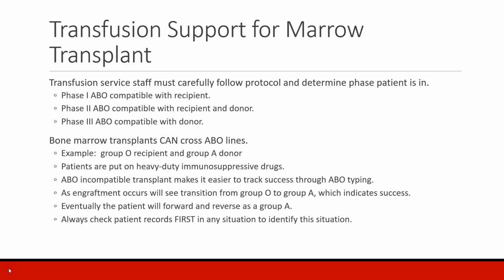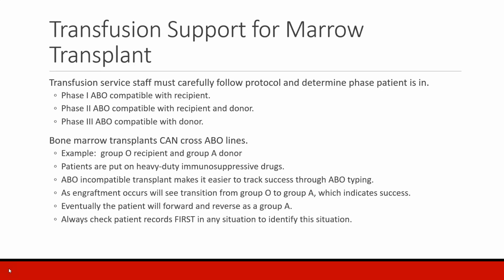Phase 2, ABO compatible with the recipient and the donor, which usually means giving group O blood. And then phase 3 is ABO compatible with the donor, because theoretically most of the patient's red blood cells are gone. So if there are a few left, that's okay, because the new bone marrow will make antibodies against those cells and they will be taken out of circulation.